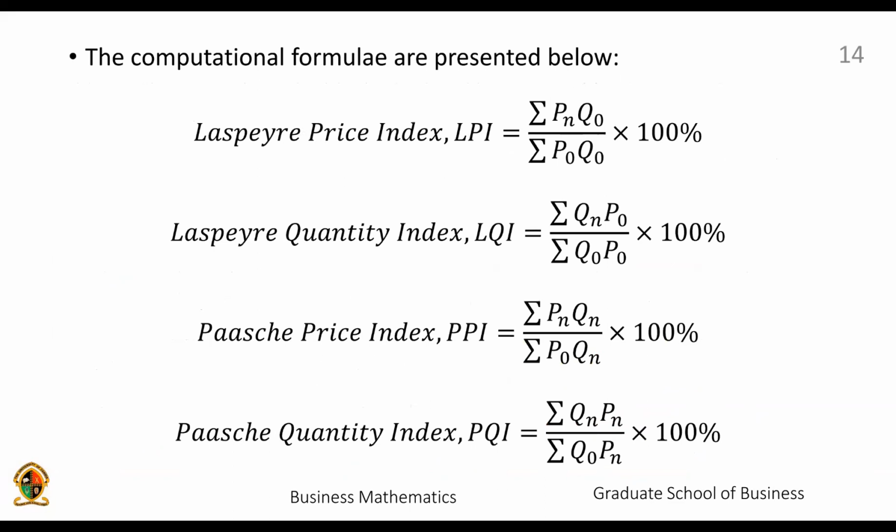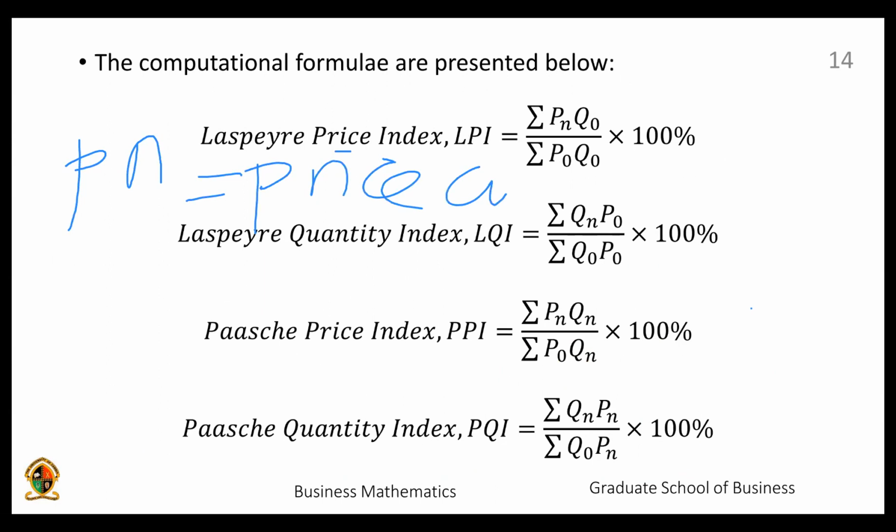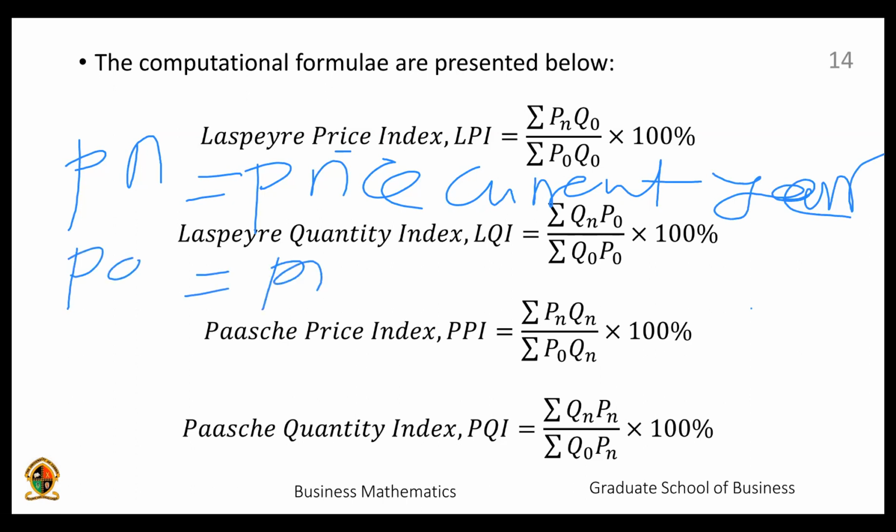Here are the formulae now. Let me just give the denominations. PN, what does it mean? PN is the price of the current year, current period or current year. You're following, eh? And then P naught is the price of the base year.